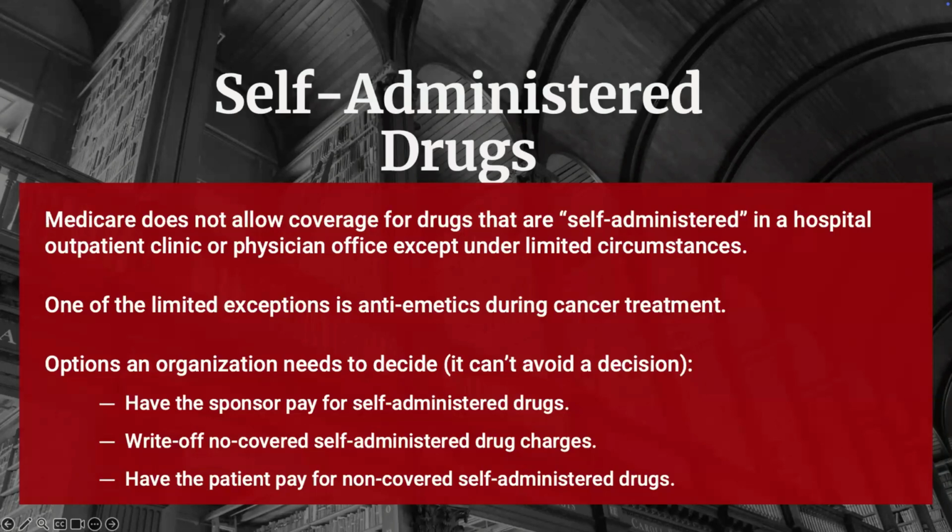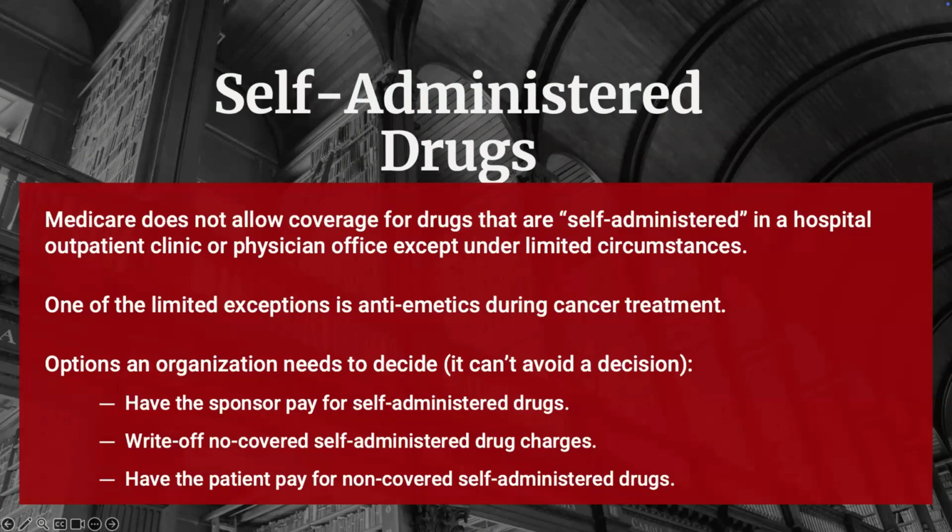They follow the OIG guidance and they write off, and they don't charge anybody for the non-covered self-administered drugs. Some of our clients have thought through this, and they charge for the self-administered drugs outside of research. They'll go to the patient, but during research, they write it off. They make that decision. Or the third option is to have the patient pay for non-covered self-administered drugs.